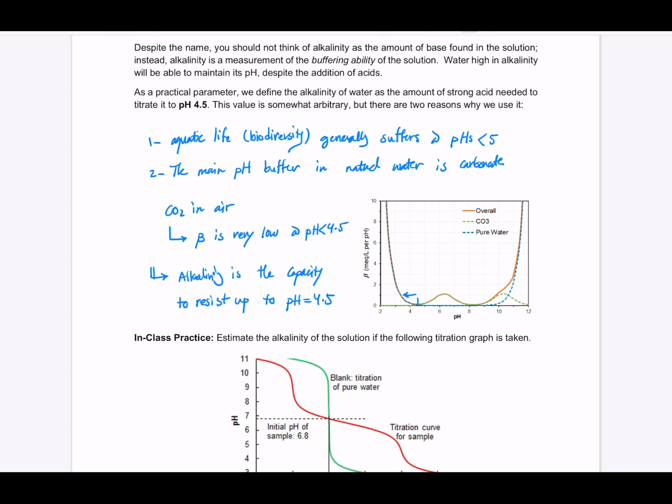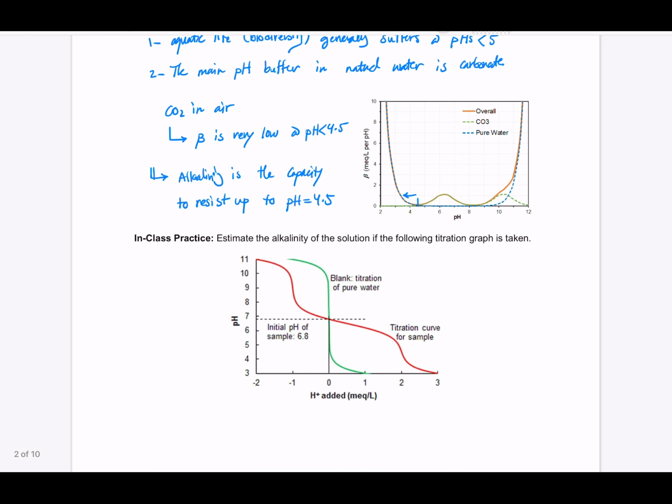So the definition is very simple. How much acid do we need to add to that sample, which could be seawater or any water or any solution in the lab, to bring it down to a pH of 4.5? So it's basically a titration kind of experiment.